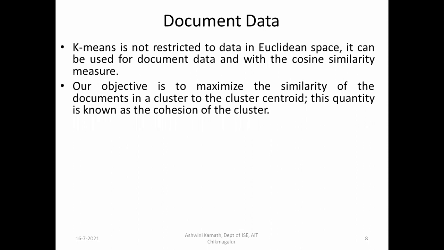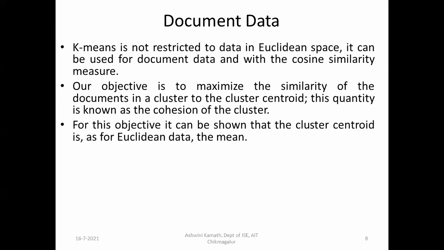So we have to maximize the document similarity. This quantity is known as the cohesion of the cluster. For this objective, it can be shown that the cluster centroid is, as for Euclidean data, the mean.